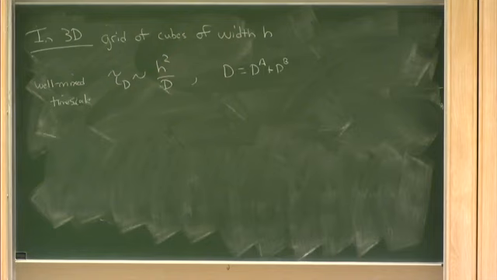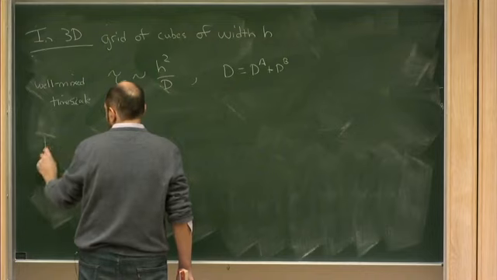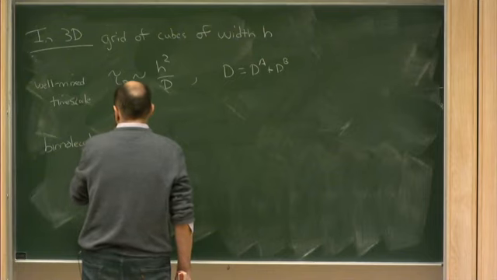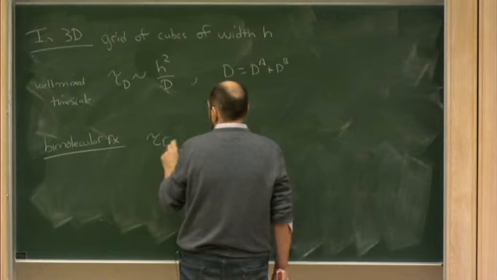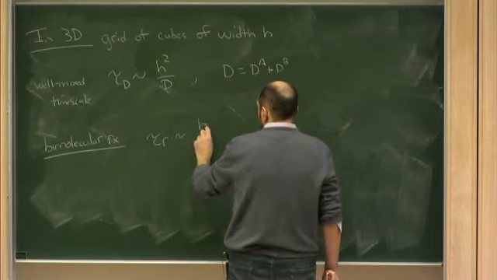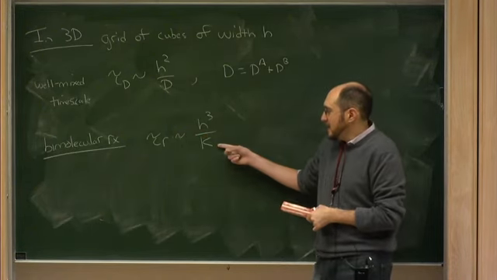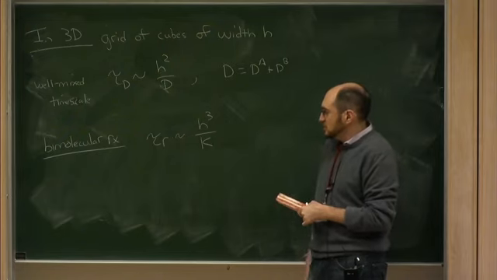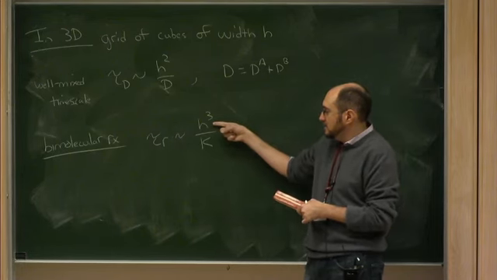What's the time scale for the bimolecular reaction? Well, the time scale for that, call it tau r, is going to be like h cubed over k. If k is a bimolecular reaction rate, it has units of volume per time. So if you divide by h cubed, you get the time scale for a reaction in a volume of size h cubed.